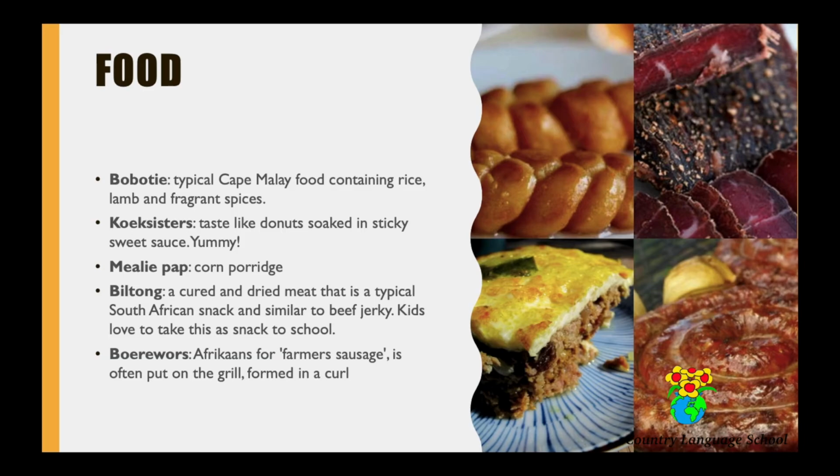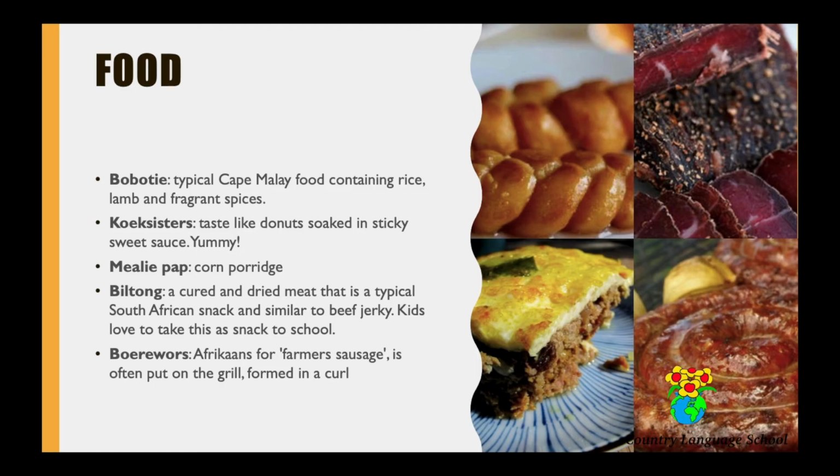Now let's move on to the food. So the foods of South Africa. The food the people eat in South Africa is very diverse. The South African staple food for the locals is mealies, which is corn, and seasonal vegetables like potatoes, beans, carrots, and peas.